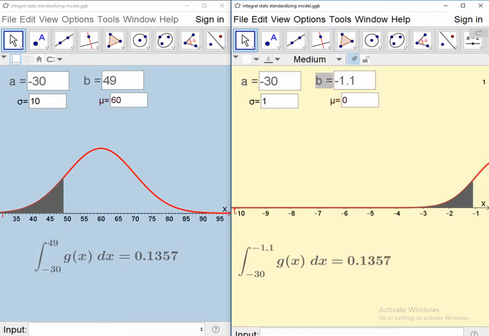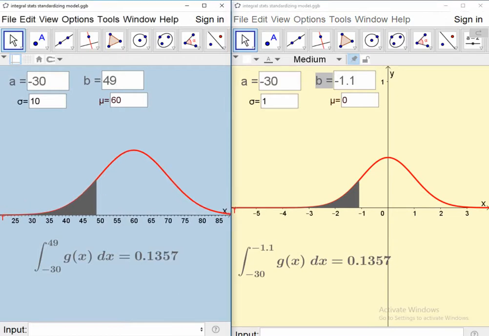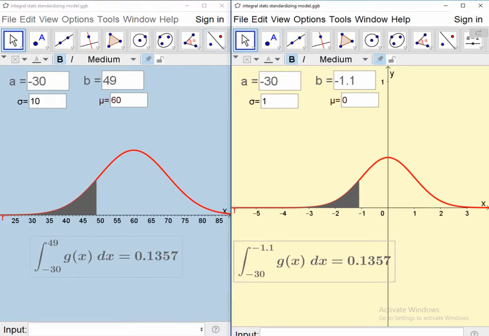We evaluated that, and we saw that it gave us a 13.57% probability that if I randomly chose one of this group of test takers, they scored a 49 or less, right? That's showing up right here in the actual class data. Here we put in the 49. Here we standardized everything and put in a negative 1.1. That z-score of negative 1.1 represents that 49, okay? Are these two numbers down here then the same? Does that make sense to everybody?